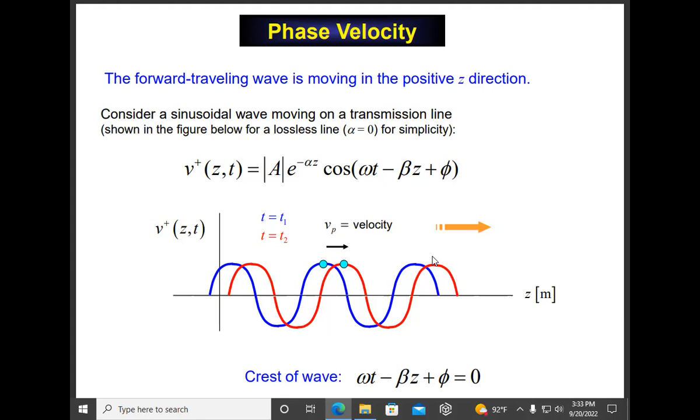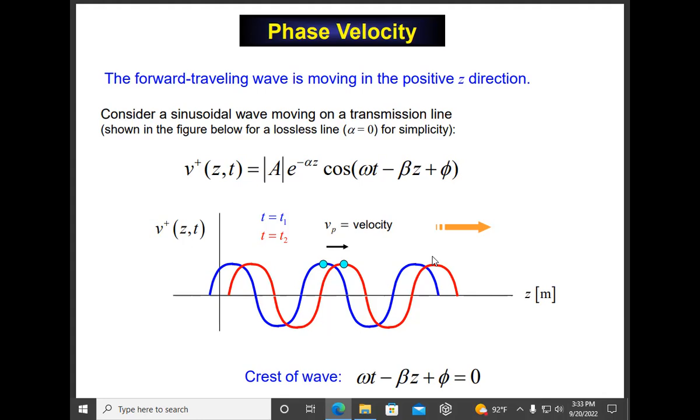In the most general scenario, how fast is a signal moving on the line? That's still in the phasor domain. So I'm talking about a sinusoidal steady state signal coming out of a function generator, putting out a sine wave, for example. How fast is that sine wave moving down the line? The official name for that is phase velocity. How fast does a single frequency sine wave coming out of a generator move down the line? That's called the phase velocity.